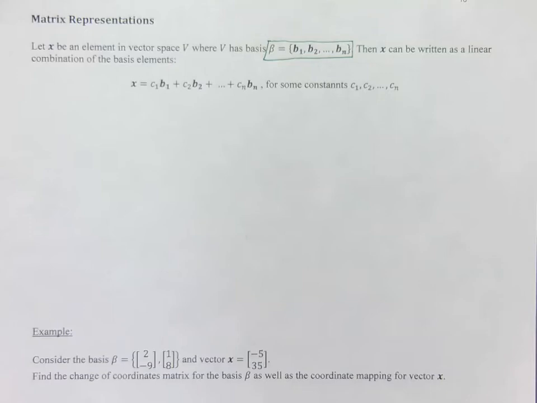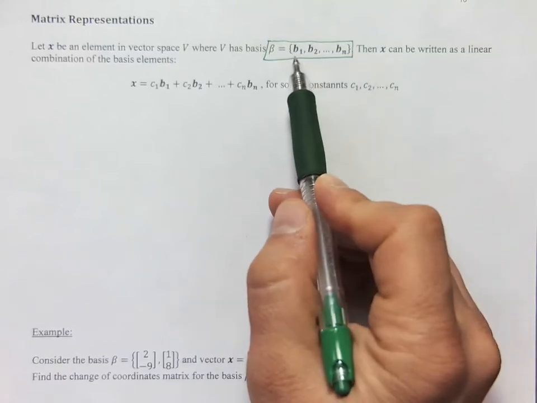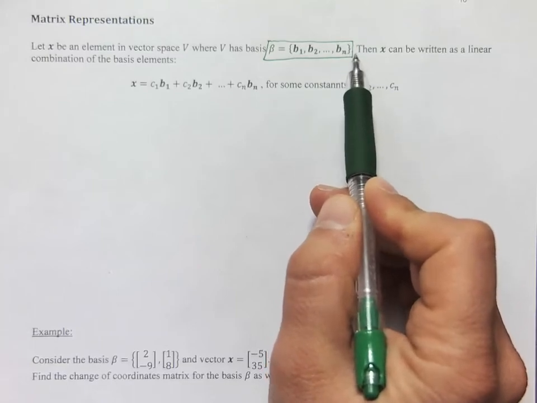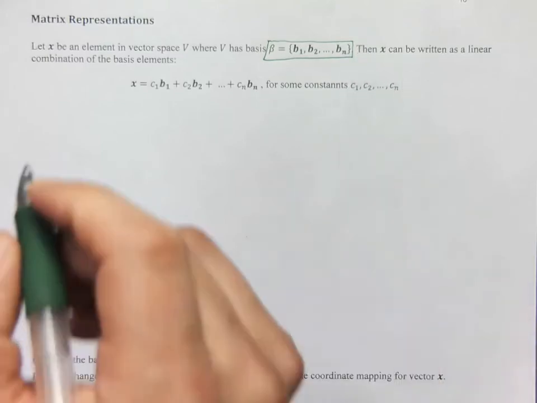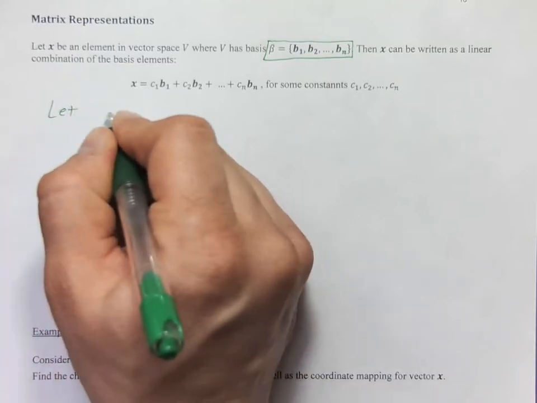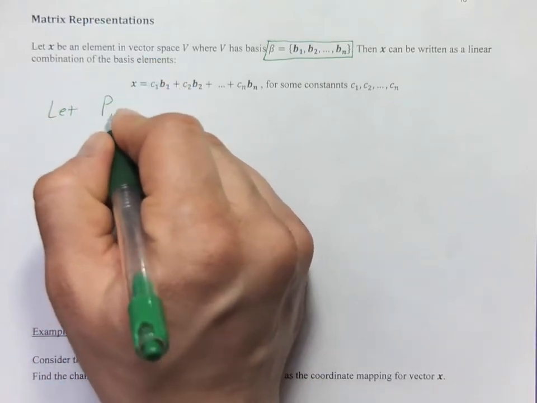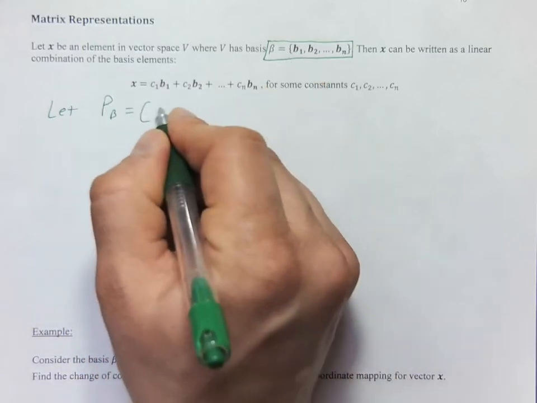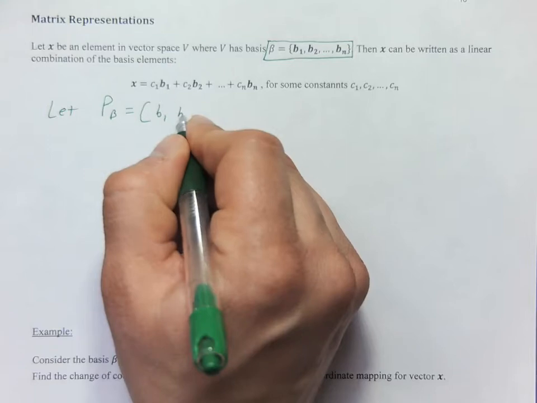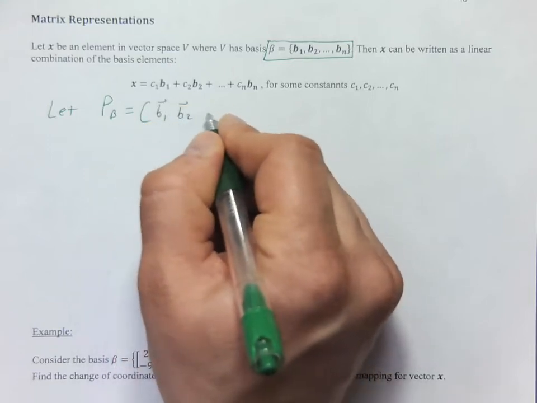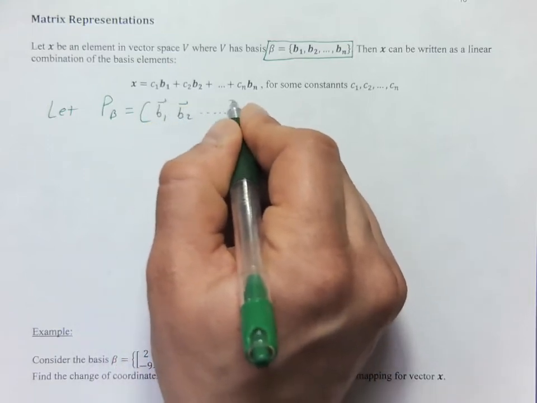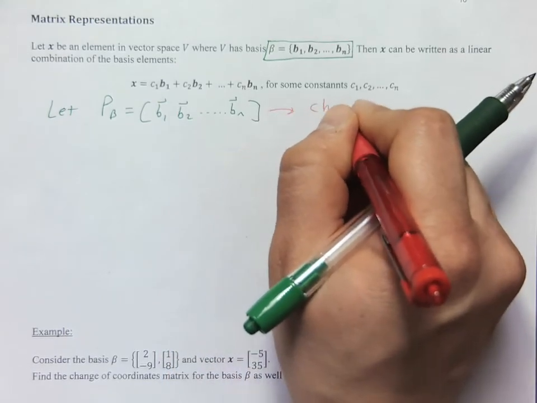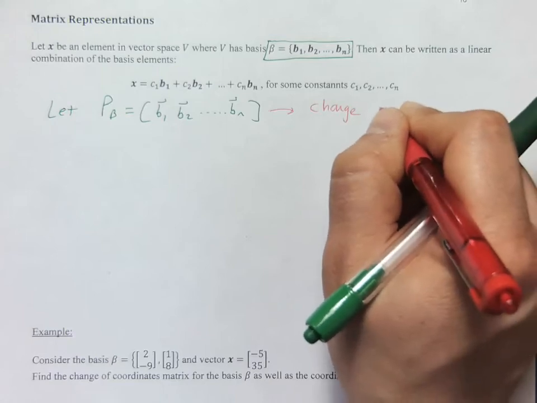Now, what we'd like to introduce here is if we put all of these basis elements in a matrix together, that has a name, and that's called the change of coordinates matrix. Let's label it P sub beta, and you're taking the basis elements and just putting them as columns in a matrix. We call this the change of coordinates matrix.